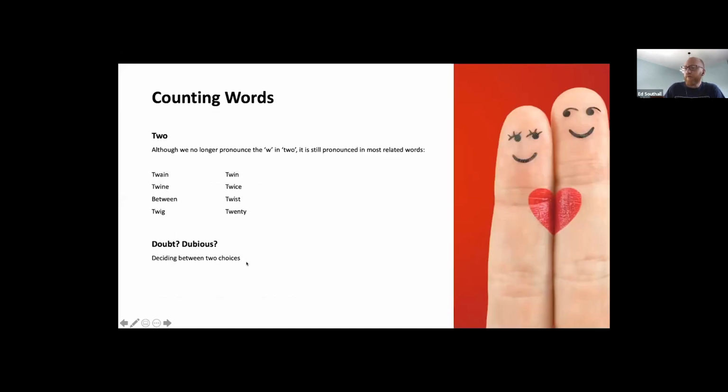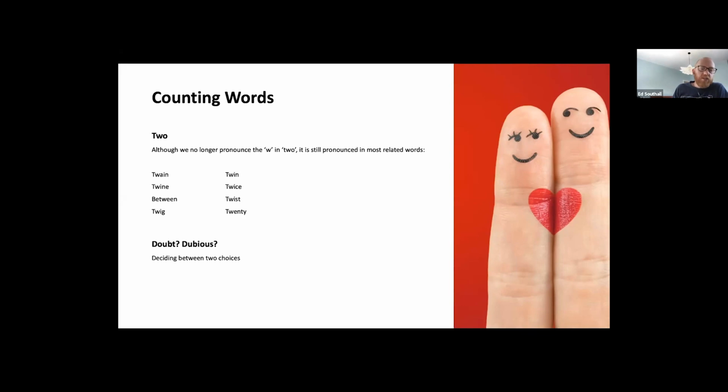Don't worry, I'm not going to go through every number. We could be here quite a while. There's quite a few of them, but we'll just deal with a few more. We've got 2 here. The W in 2 is silent, but it's not in pretty much every other manifestation of that structure of words. So similar to 1, we don't really pronounce it 1 in any of the other words that it appears in. 2 takes a tw sound where it's used elsewhere.